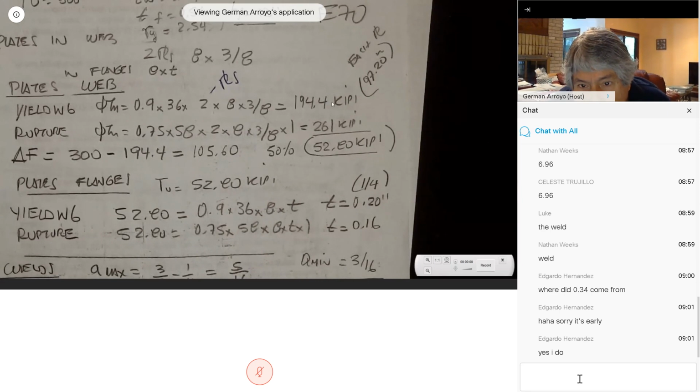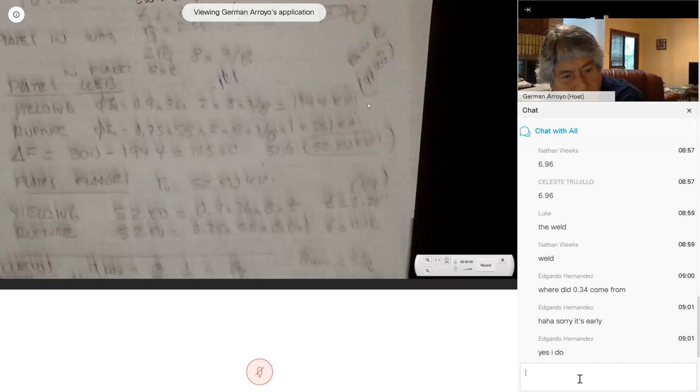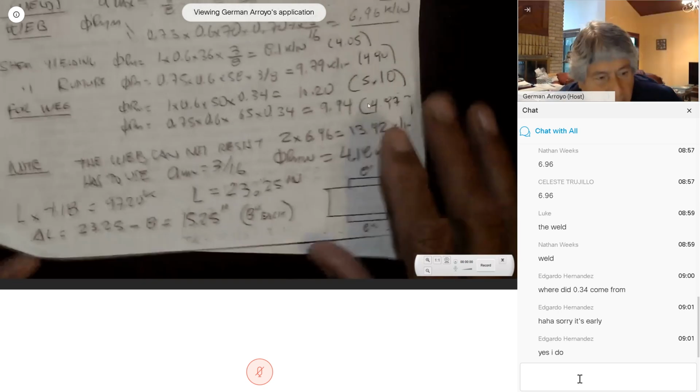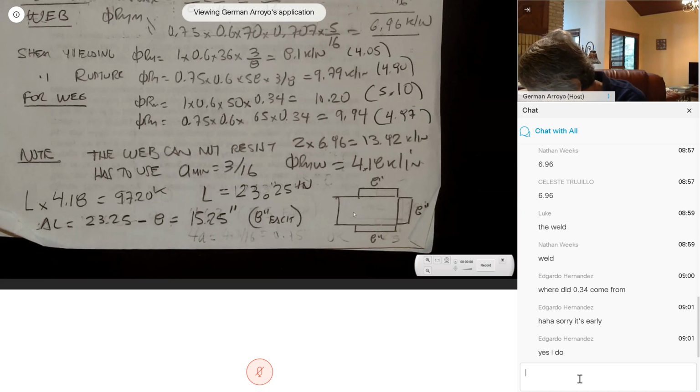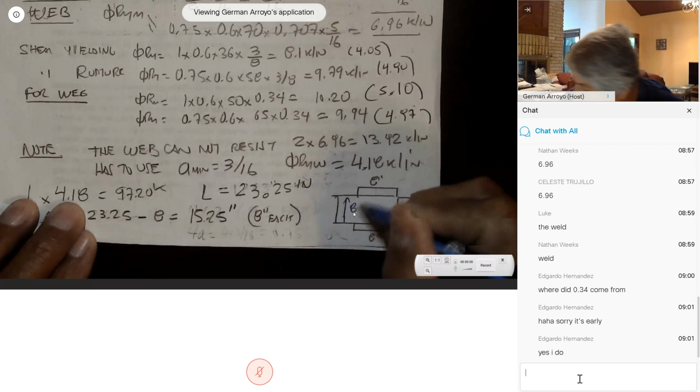So that 97.2 comes from 194.4 divided by 2. The total length, 4.18 kip per inch, and the total length equal to 97. This is for one plate. So the total length was 23.25. This is the plate on the web.